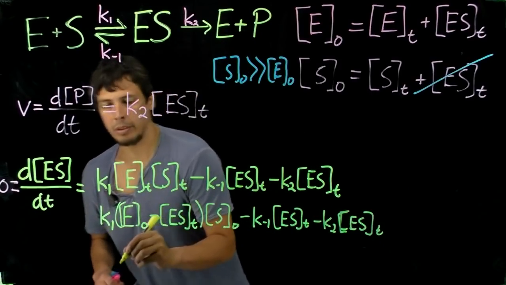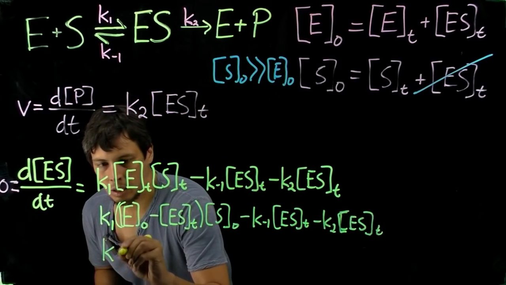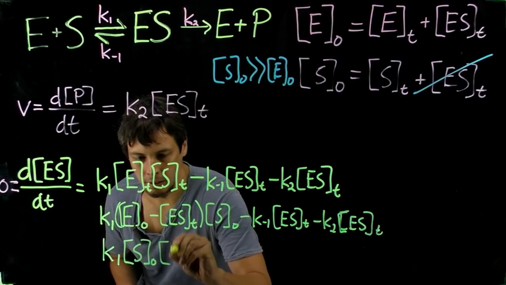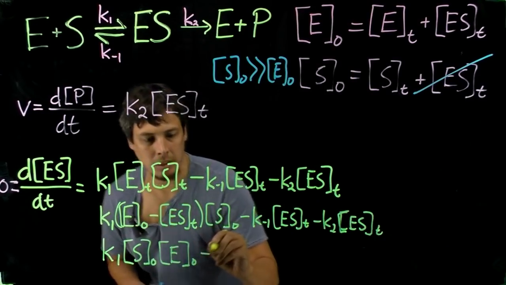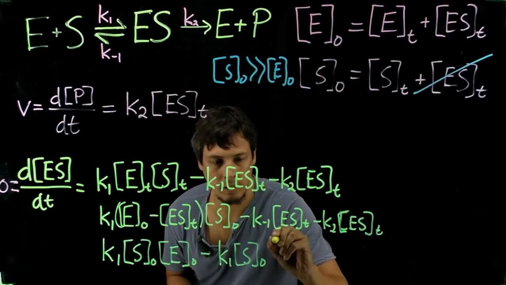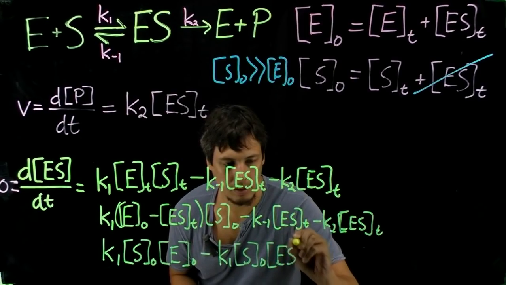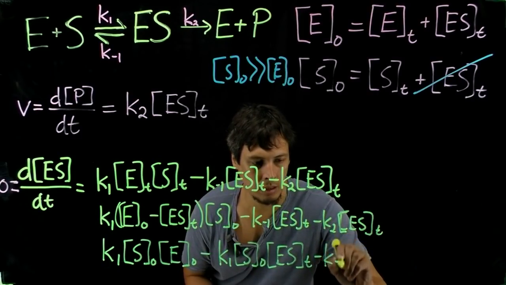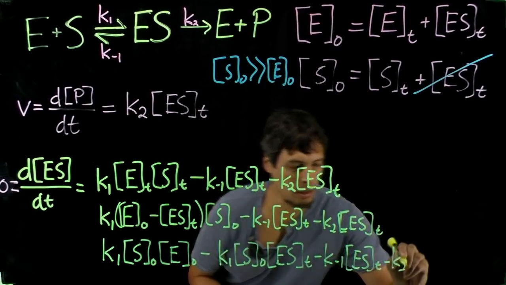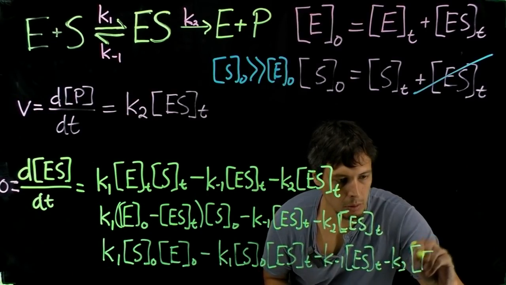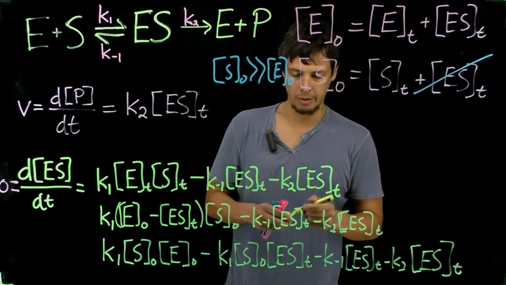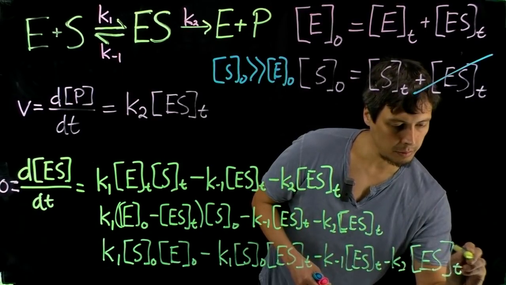Okay. And then what we get when we multiply this all out is K1 S naught E naught minus K1 S naught ES of t minus K-1 ES of t minus K2 ES of t, and this is all going to be equal to 0.